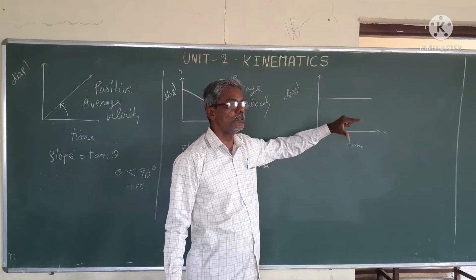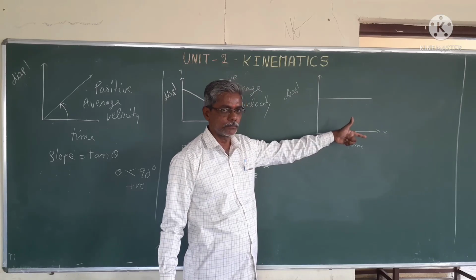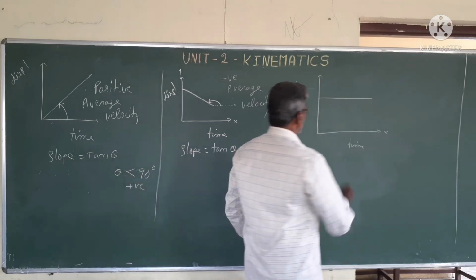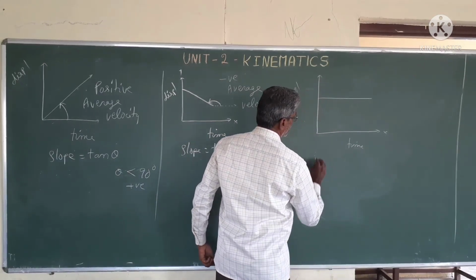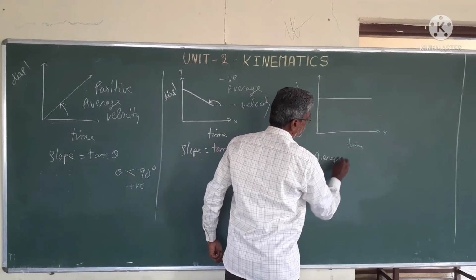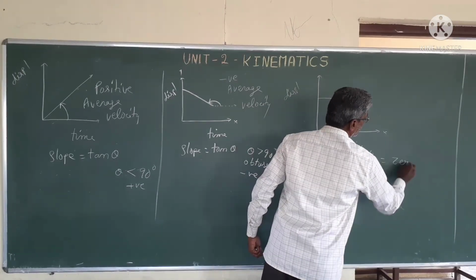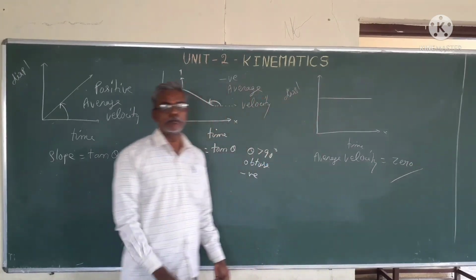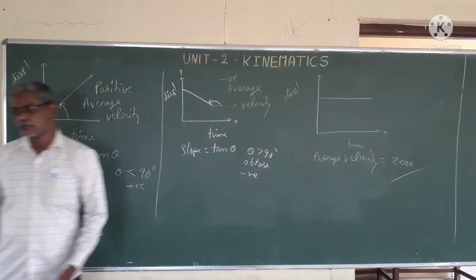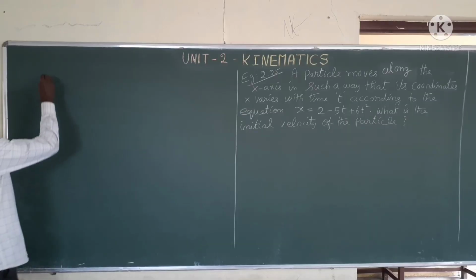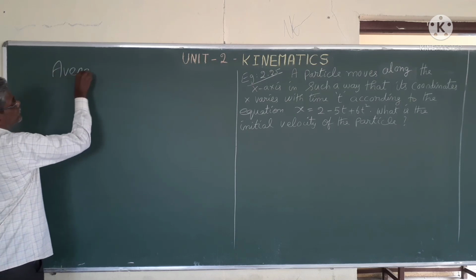There is no change in the position of the object. Clear? So I can call this average velocity is 0. Understood? Next, we will see average speed.